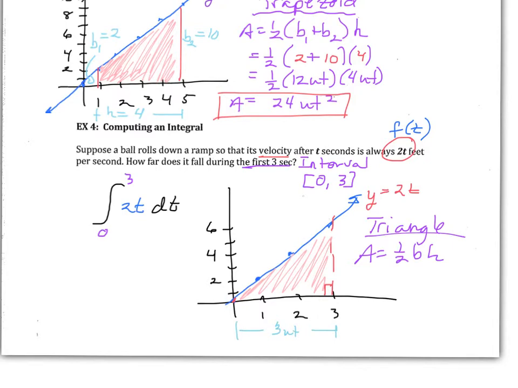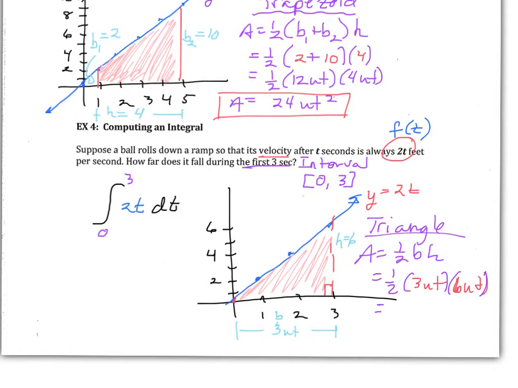And then what's our height from here to here? 6. Put 3 in there, that has a height of 6. So your height here is 6, and this is our base. So we're going to plug in our values. Our base is 3 units, and our height is 6.